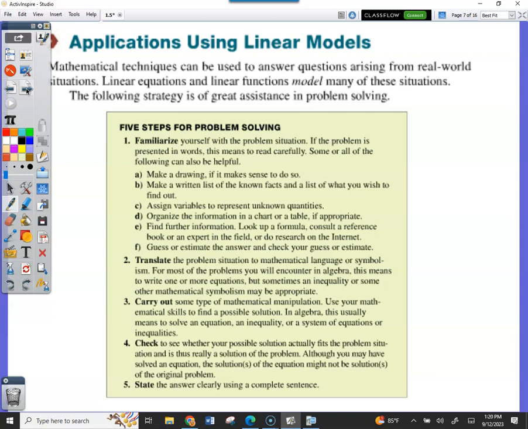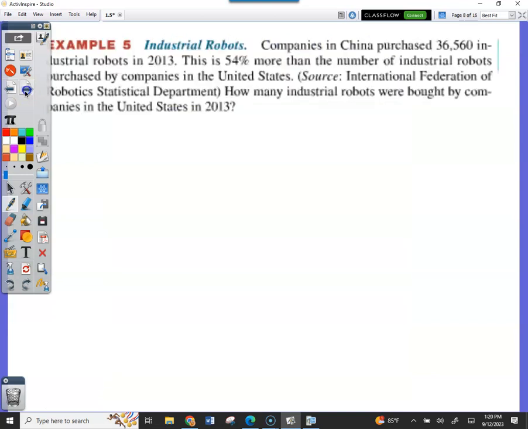I know word problems are usually everyone's least favorite part of math. I hope I'm coaching you to be able to do word problems confidently, or at least a little bit more confident than before. So let's look at this word problem.